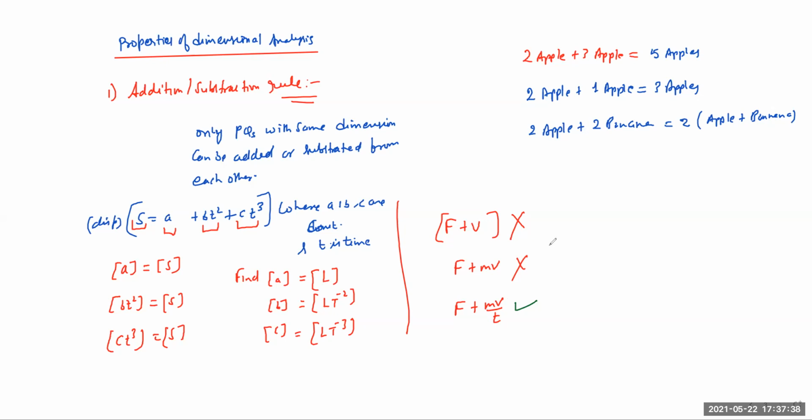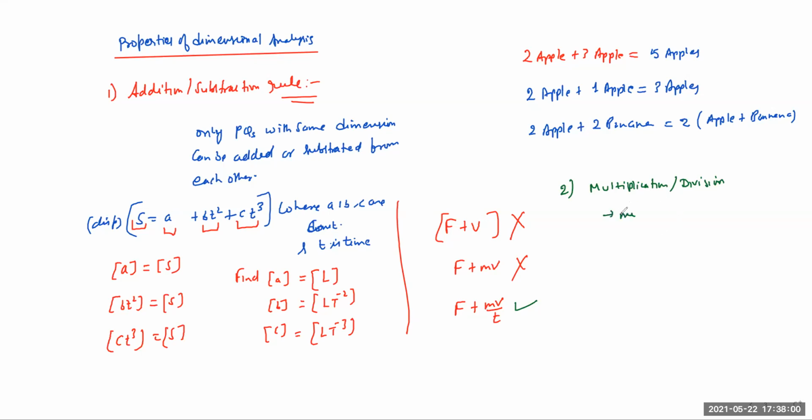Now, the rule of multiplication or division: you can multiply anything. So you can multiply any physical quantity with each other.